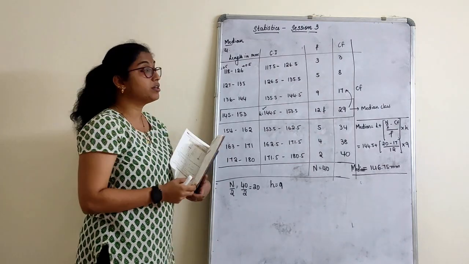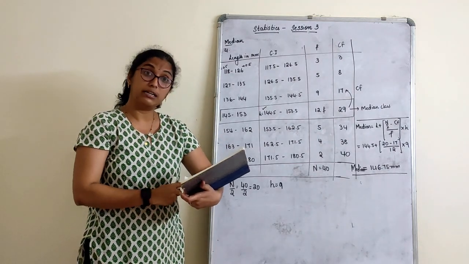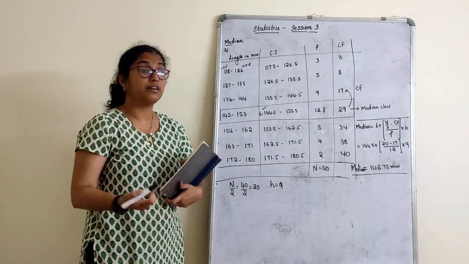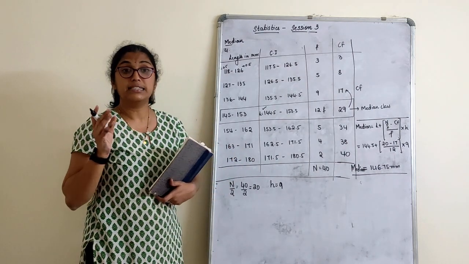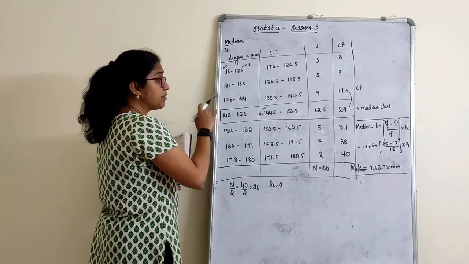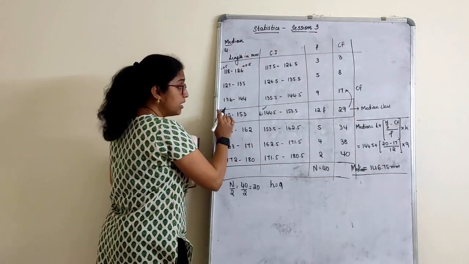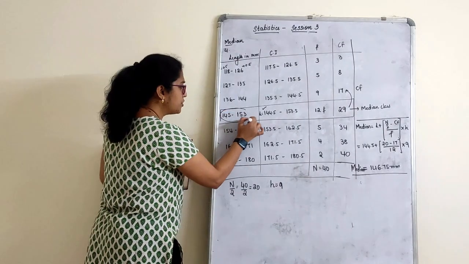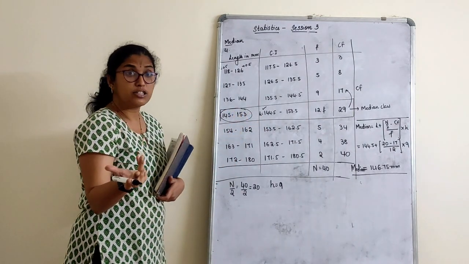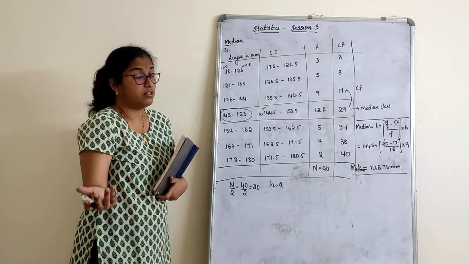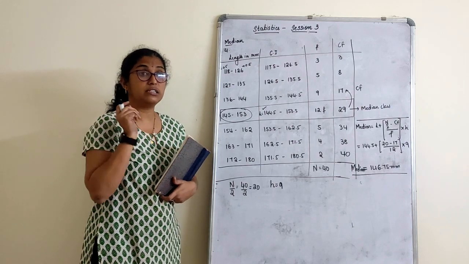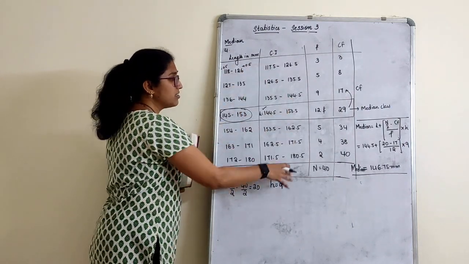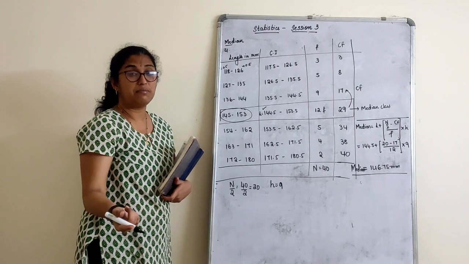The next one, where the class interval was not continuous and you had to convert it to continuous class interval. Sometimes in school they'll tell you that you need not convert the whole table. Once you know the median class, you can convert only that one manually. That's also okay. Left to your school teacher. If your teacher insists, do it. It will hardly take a minute extra.